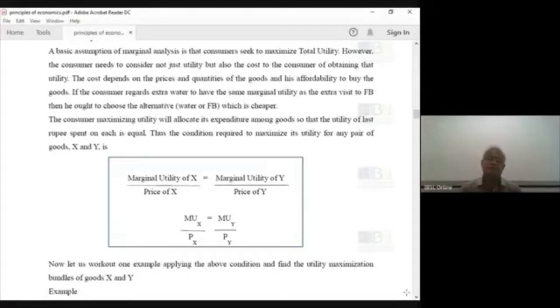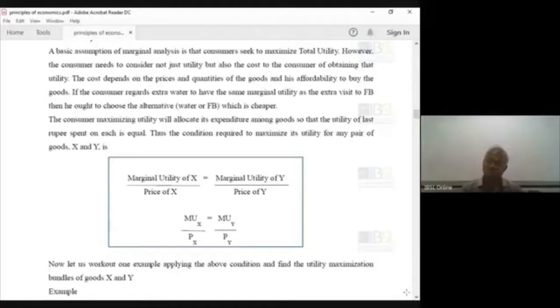The condition required to maximize utility for any pair of goods, two goods X and Y. Let's assume X is bread, Y is apple. We have limited income. We know the price of bread and the price of an apple. Then this is the rule.